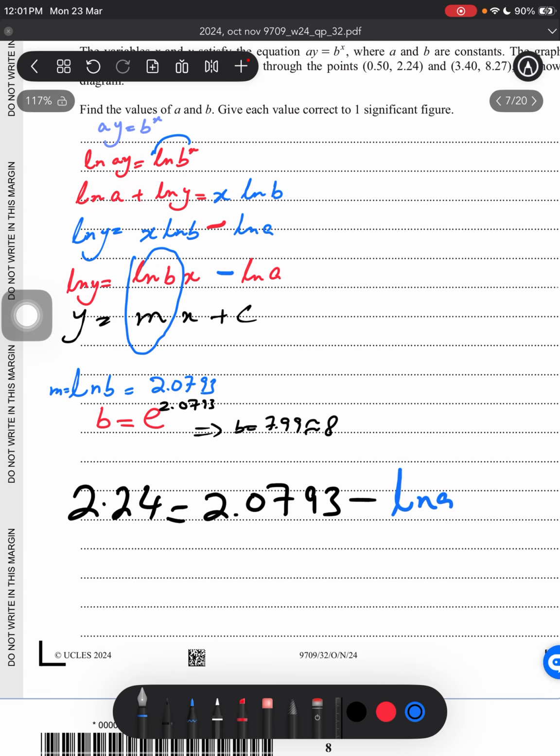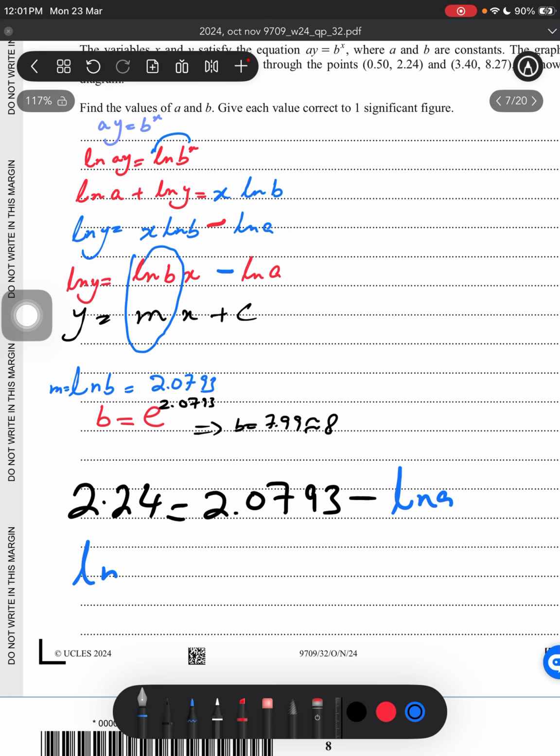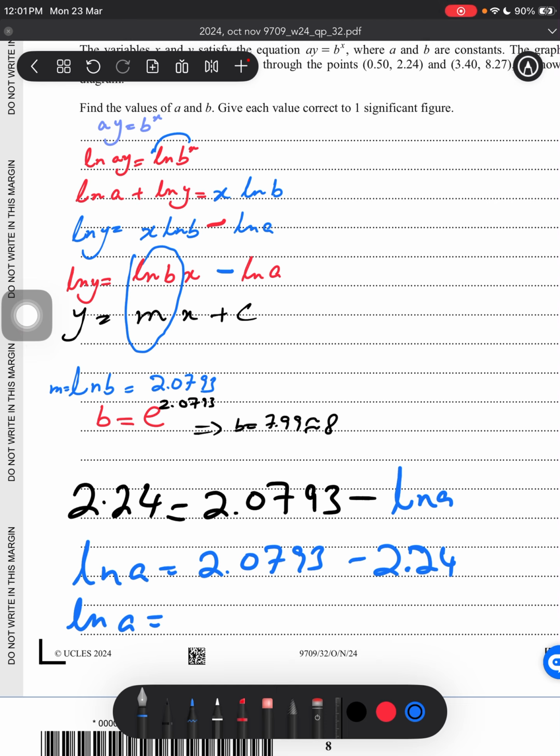Same procedure, I'll just shift ln a over here. So 2.0793 minus 2.24, you'll get ln of a as minus 1.20.